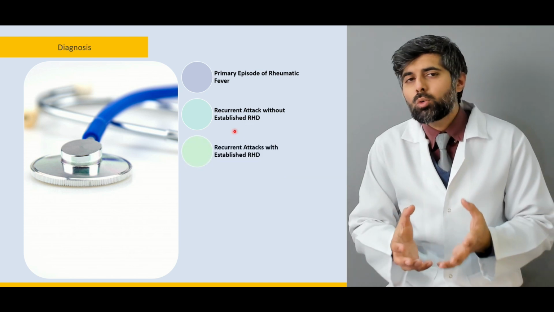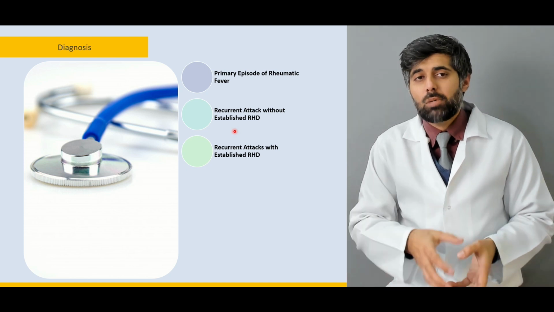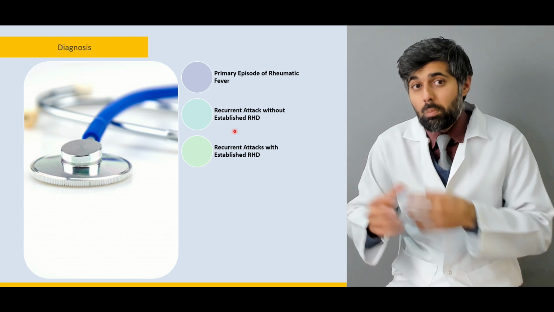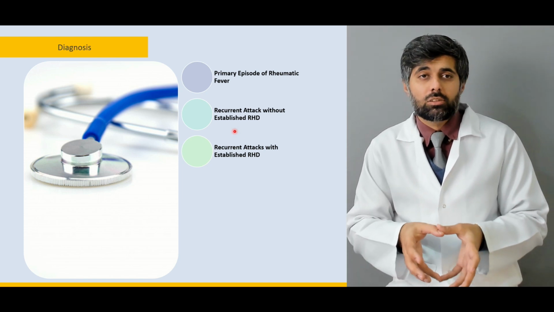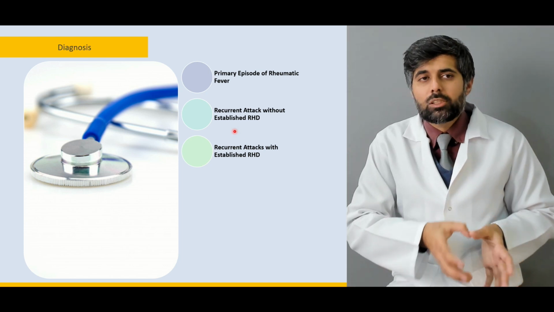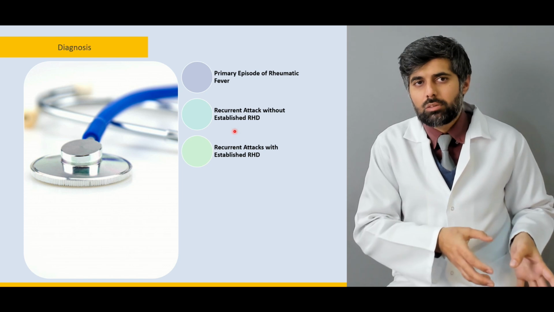Now, if we want to diagnose the patient with a recurrent attack with established rheumatic heart disease, he or she must have two minor manifestations along with evidence of a preceding group A streptococcal infection.